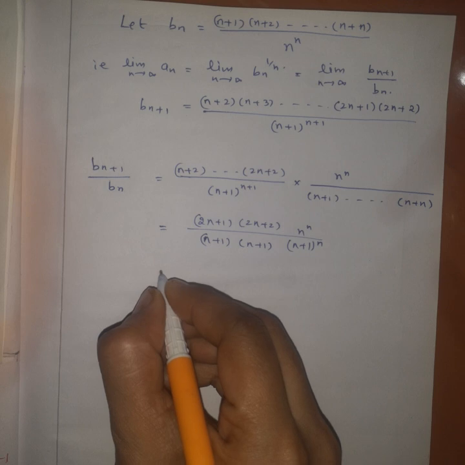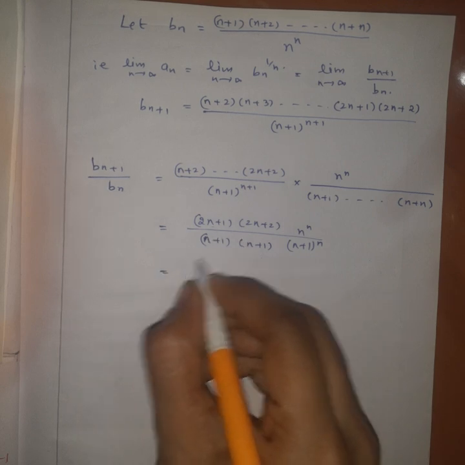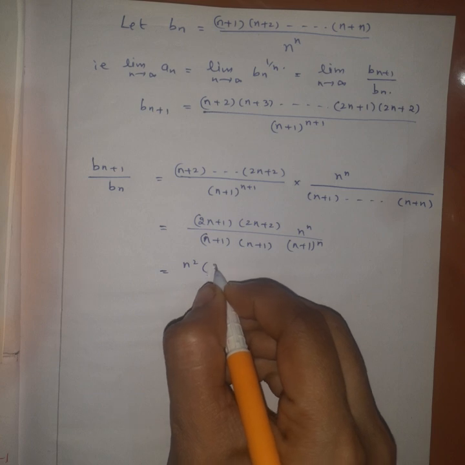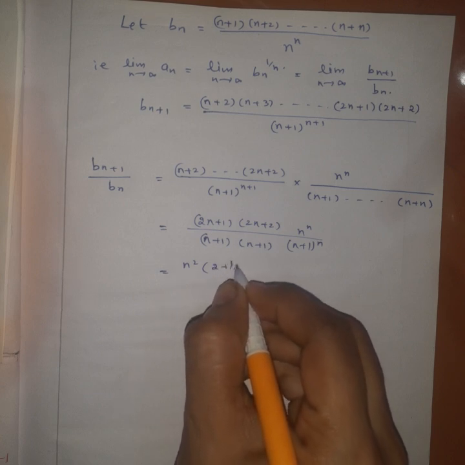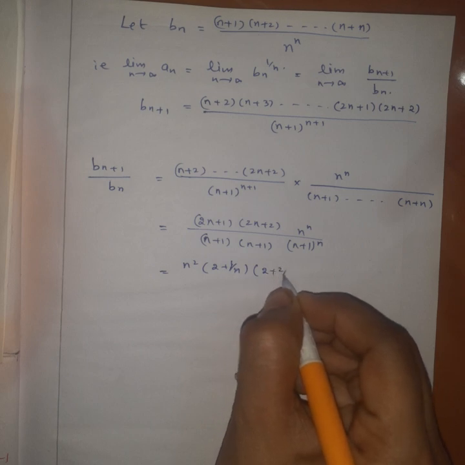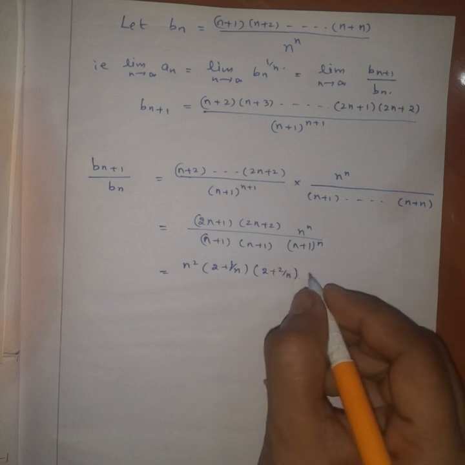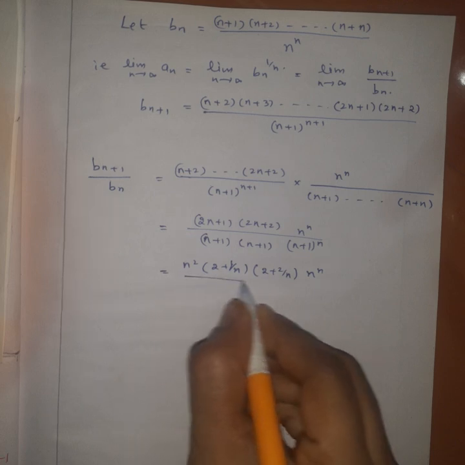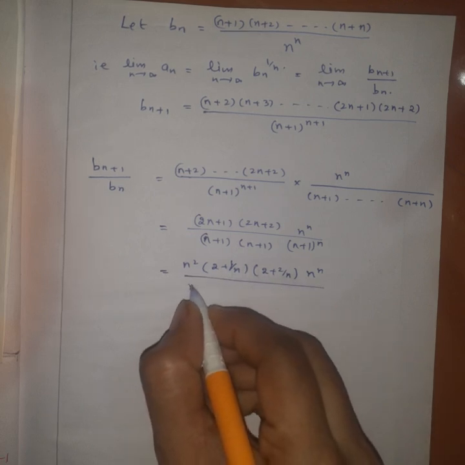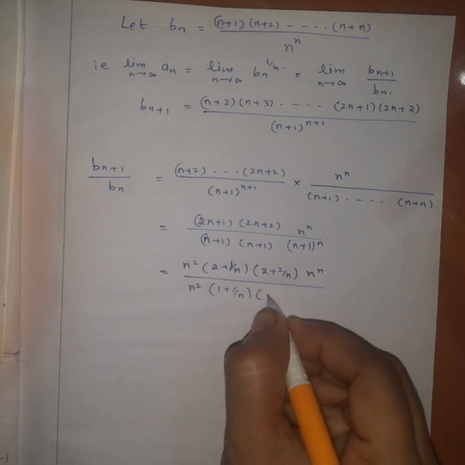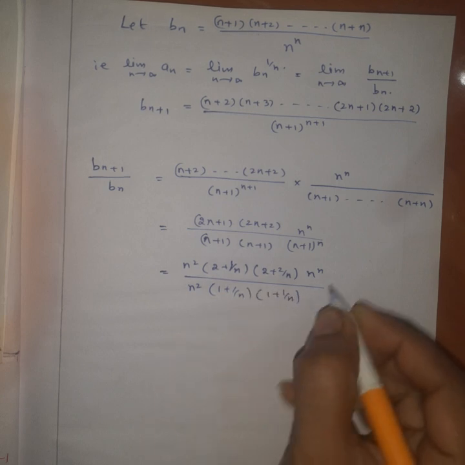Now taking the common terms, here I have n, I will take it out, here n square. So remaining is 2 plus 1 by n into 2 plus 2 by n, whole thing divided by n square, 1 plus 1 by n.